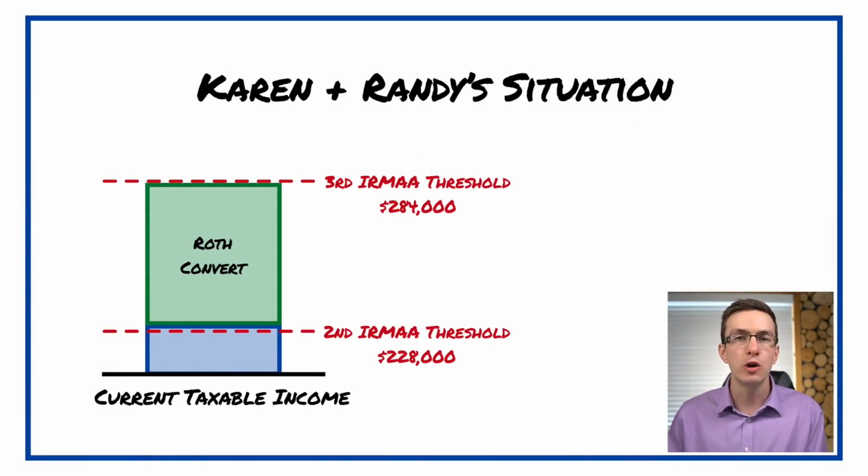So here's what Karen and Randy can do about this. They can basically max out the IRMAA threshold that they already find themselves in. So moving up to the next IRMAA threshold zone, essentially they can bring their income up to $284,000. Now, ideally, they'd fill in with additional income in the form of a Roth conversion. Now, by using this whole IRMAA zone, they can essentially fill in $56,000 within this zone.